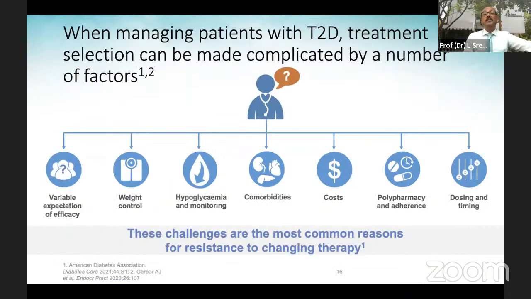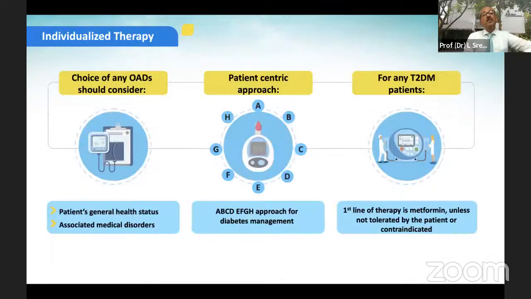So when managing patients, we need to select the drugs based on various factors like the variable expectation of efficacy, weight control, hypoglycemia, comorbidities, cost, polypharmacy, dosing and timing of that particular molecule. So there are a lot of challenges, and the most common reasons for resistance to changing therapy are these above factors. So we need to individualize the therapy with a choice of OAD, with a patient-centric approach.